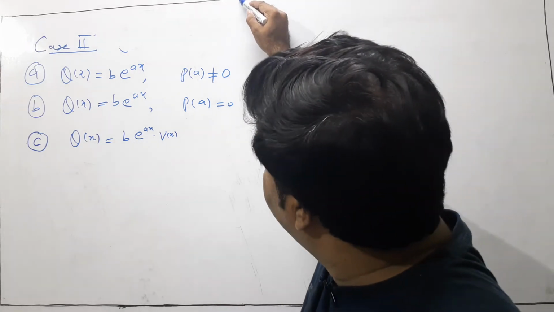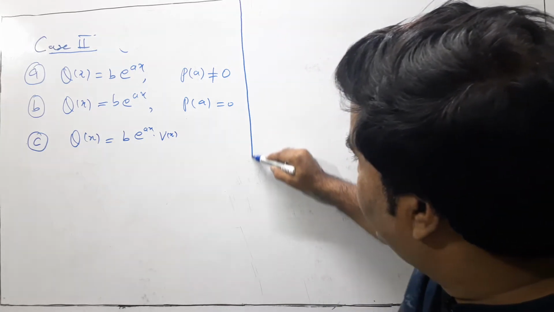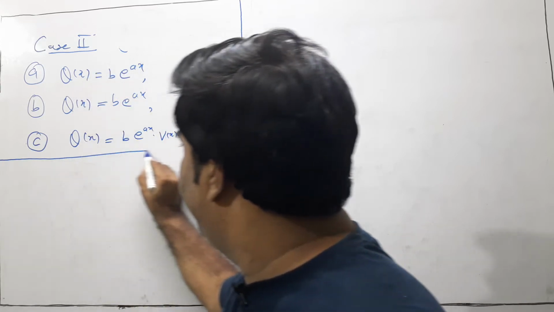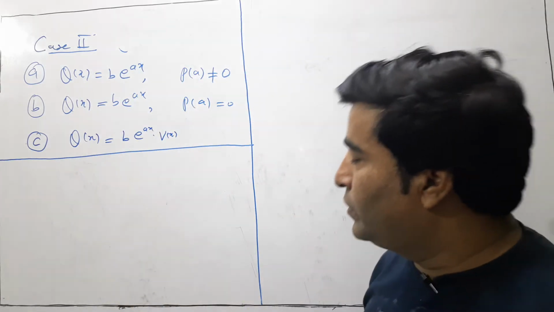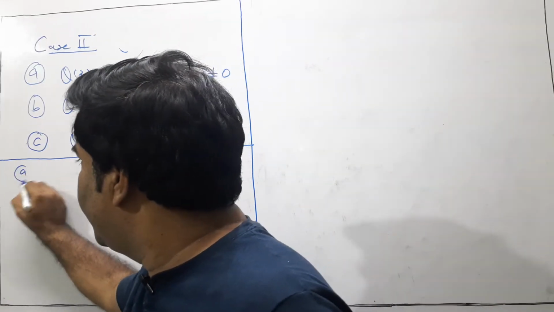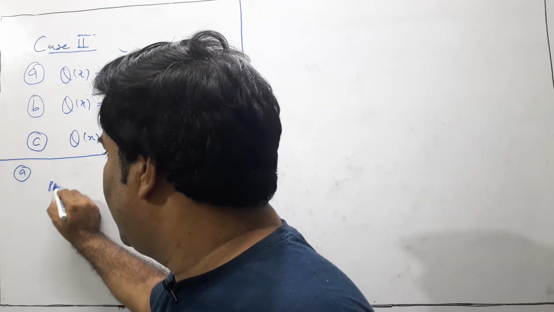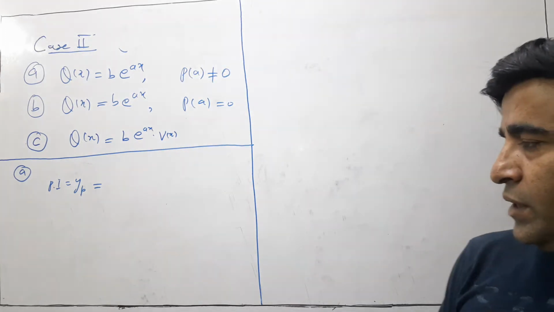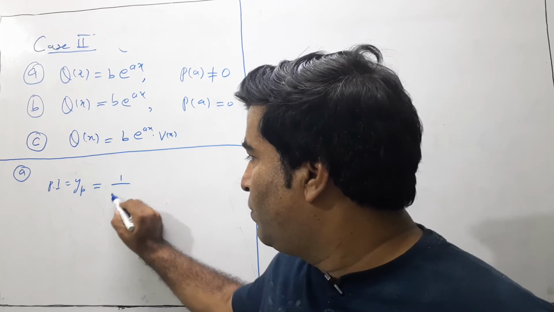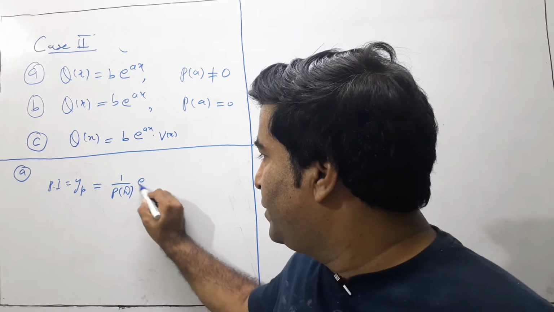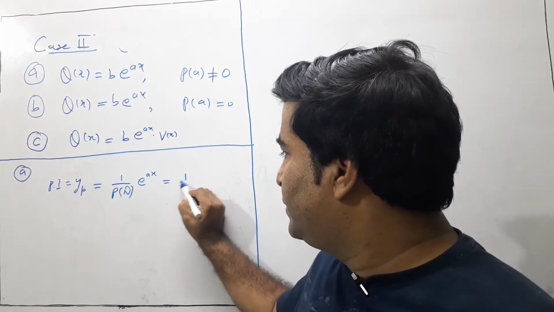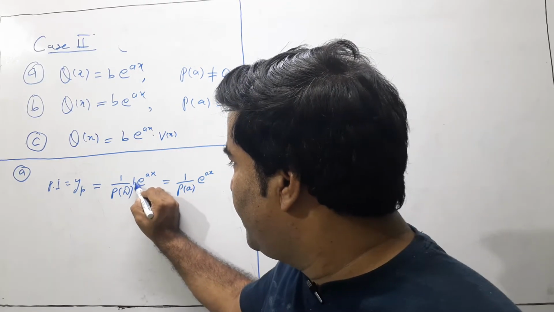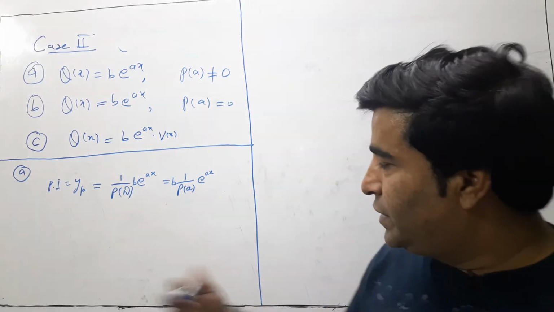So we take some questions on case A. In case A, the particular integral of the non-homogeneous linear differential equation is equal to 1 upon P(D) e to the power ax, and this is equal to 1 upon P(a) e to the power ax, and here v is a constant, so we can take it outside.